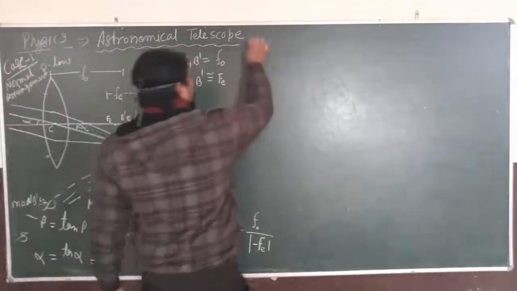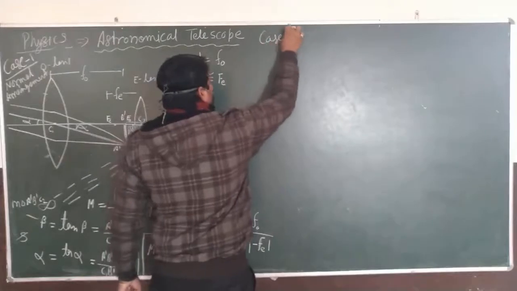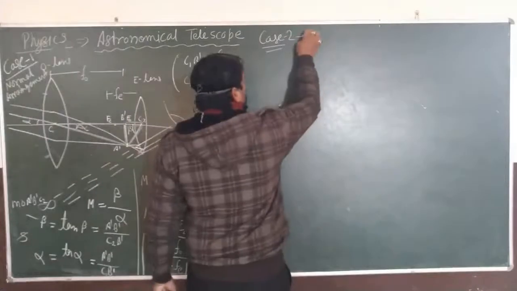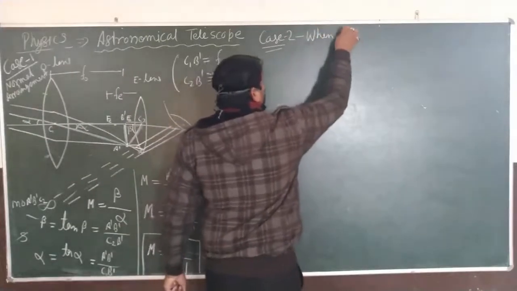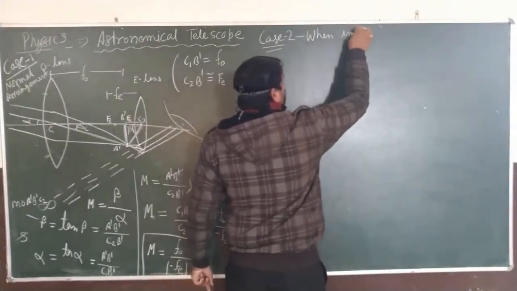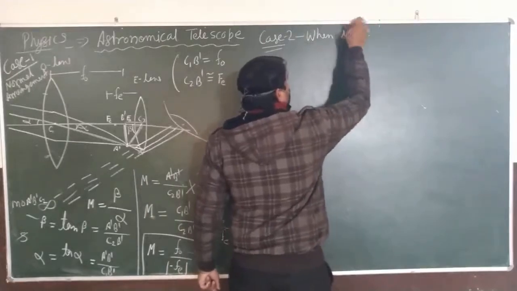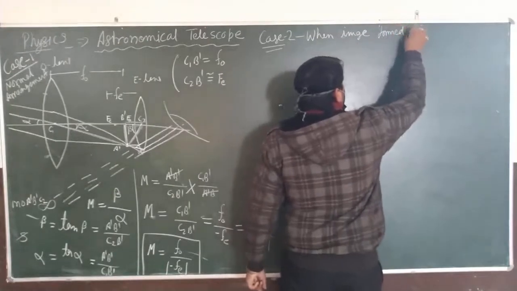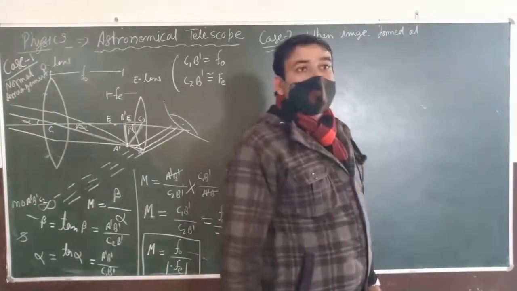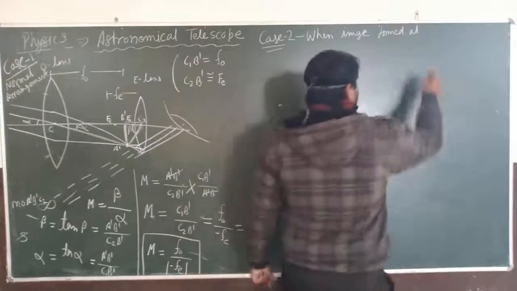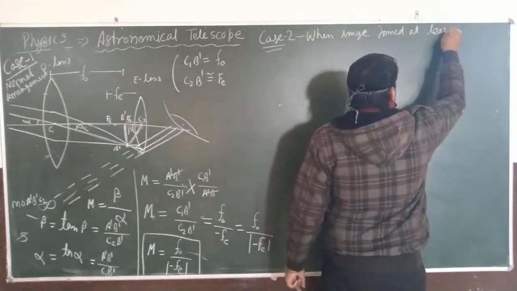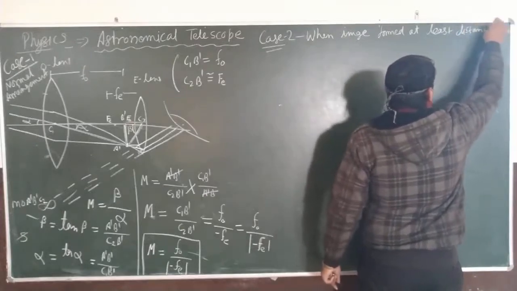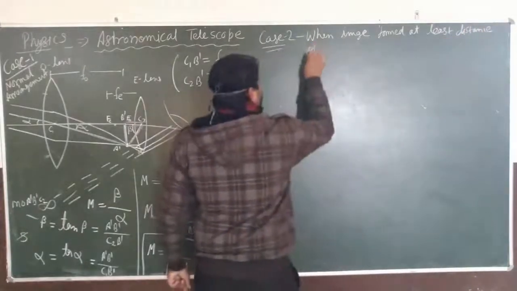Now second is case 2 when image formed at least distance of distinct vision.